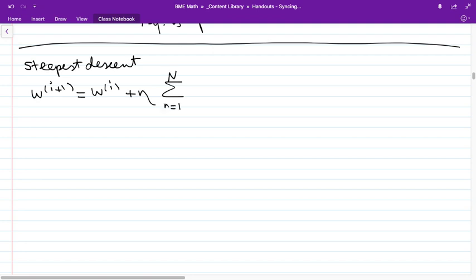So I'm going to assume that we have all the data and we want to minimize our loss function. And here's my algorithm. My algorithm says, take all the data points, make your predictions about those data points, take your error at each data point, multiply it by the input.